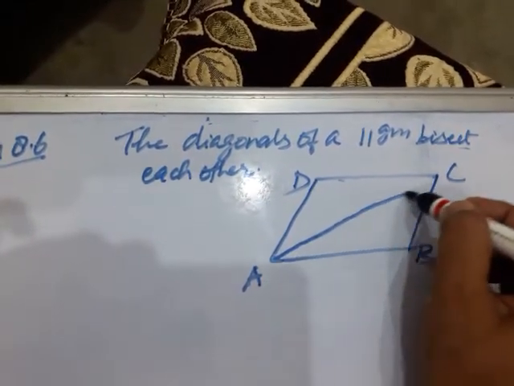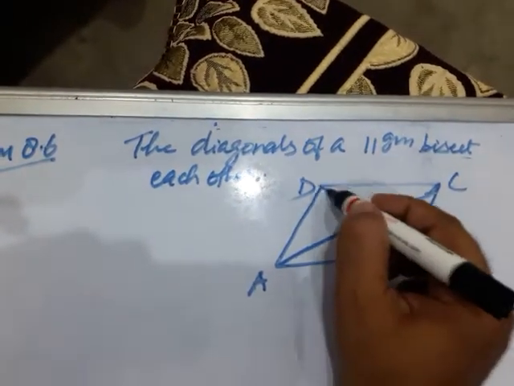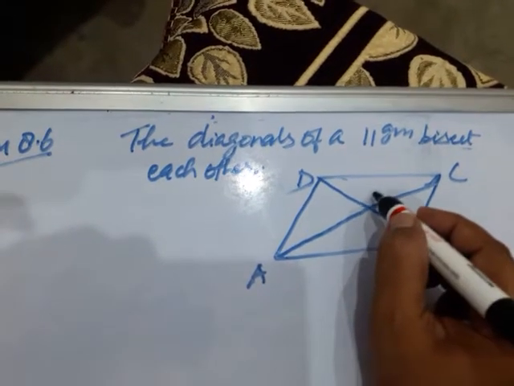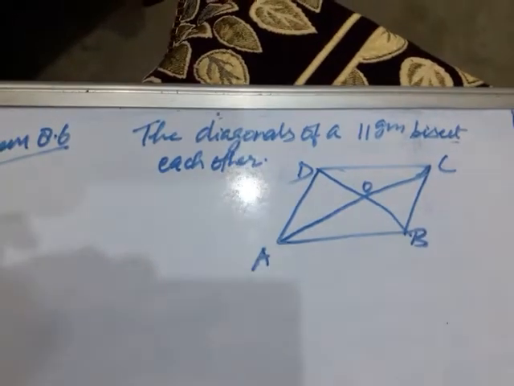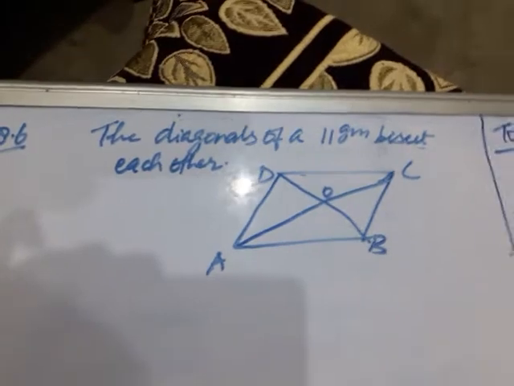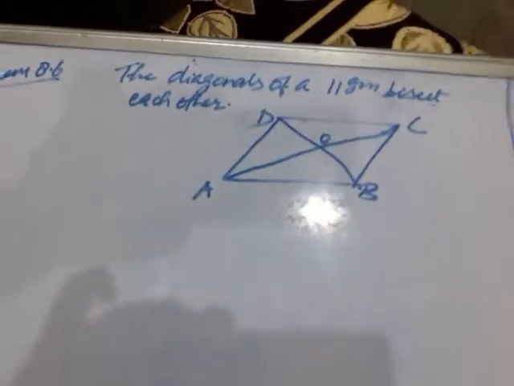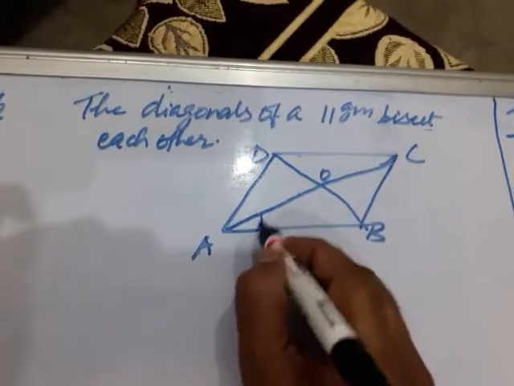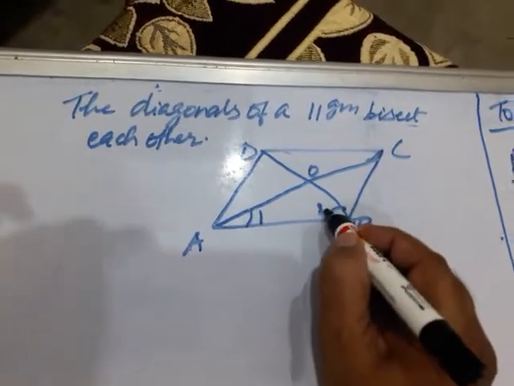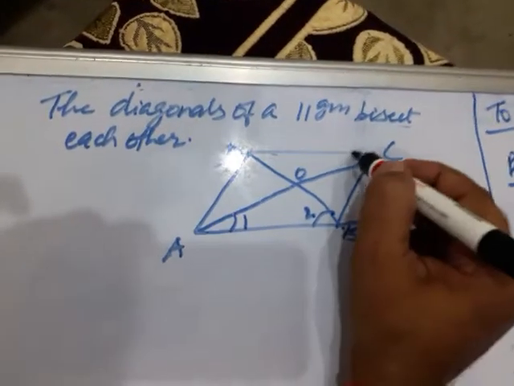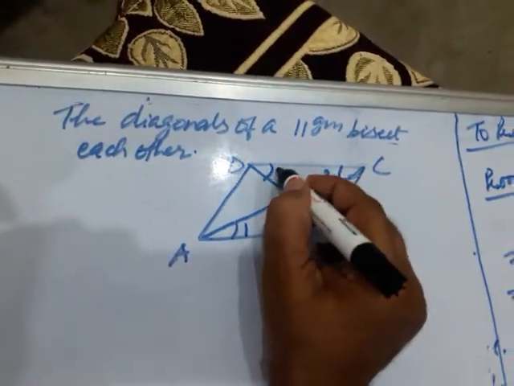AC and BD are its two diagonals, which intersect each other at O. Clear children? And now let us give names to the angles. Let this be angle 1, this is angle 2, this is angle 3, and this is angle 4.